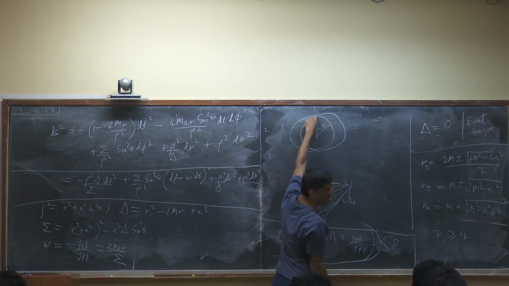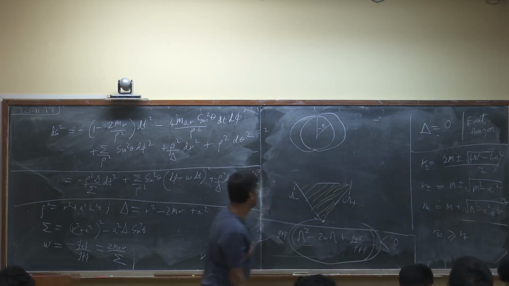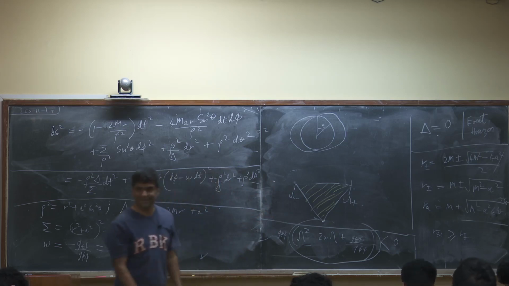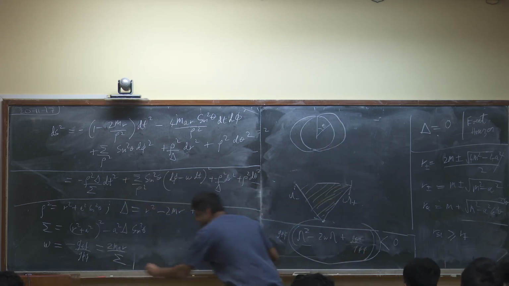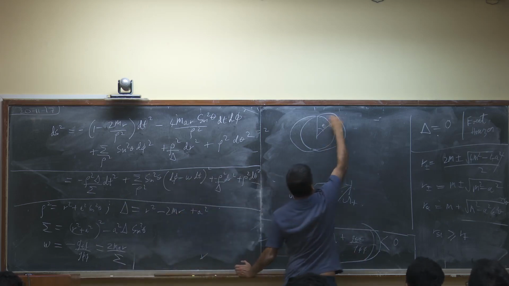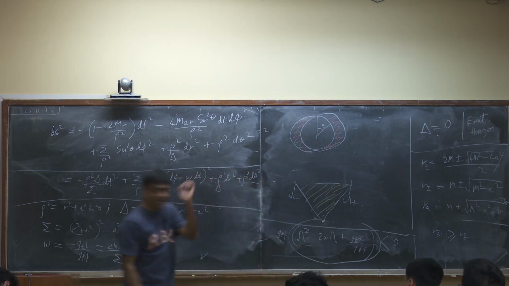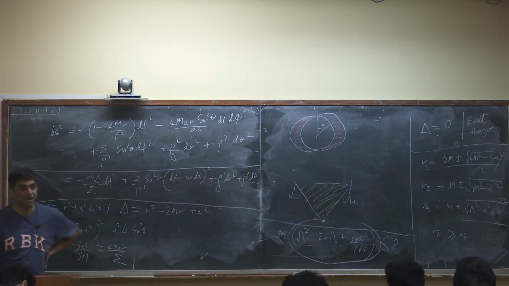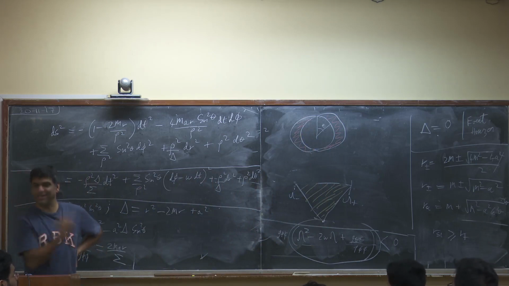At theta equals 0 or pi, these two coincide. But at any other value of theta, there is a region of space where static observers cannot stand. You cannot stand with omega equals 0, but you are still outside the event horizon. You can still escape, by rotating.